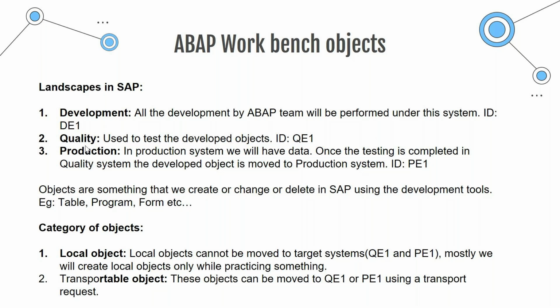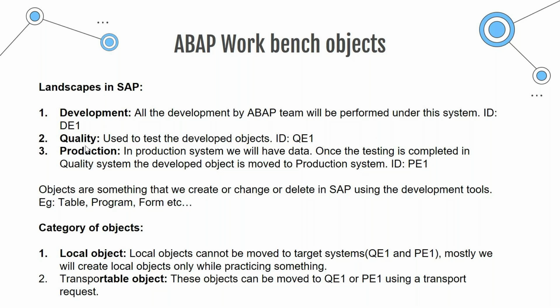Now, the development system. As the name itself says, all the development work, every single development, be it even one small change, if I want to add a dot or remove a dot, will come under development. That is done only in the development system.